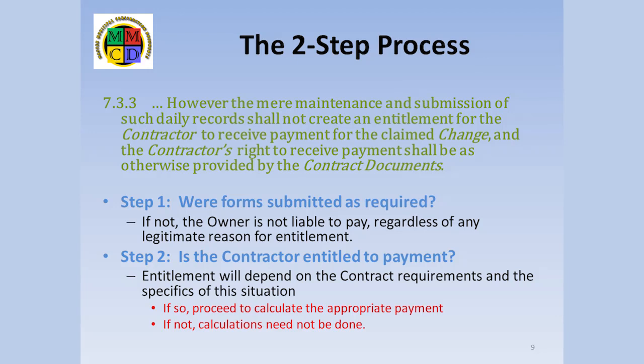If and only if the forms have been provided, will someone be required to consider entitlement under other contract provisions. If entitlement is later proven to exist, then the forms can be costed unless some other method is subsequently agreed upon. Otherwise, no calculations need be done on the form data, thus saving both parties much effort.